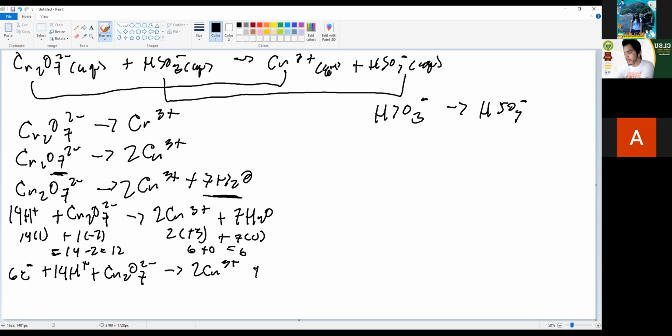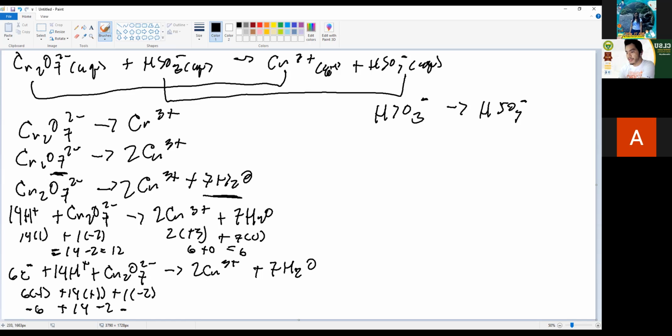2Cr3+ plus 7 water. So balance na ba? 14 hydrogen, 2 chromium, 2 chromium, 7 oxygen, 7 oxygen. Charge. So 6 times negative 1 plus 14 times 1 plus 1 times negative 2.